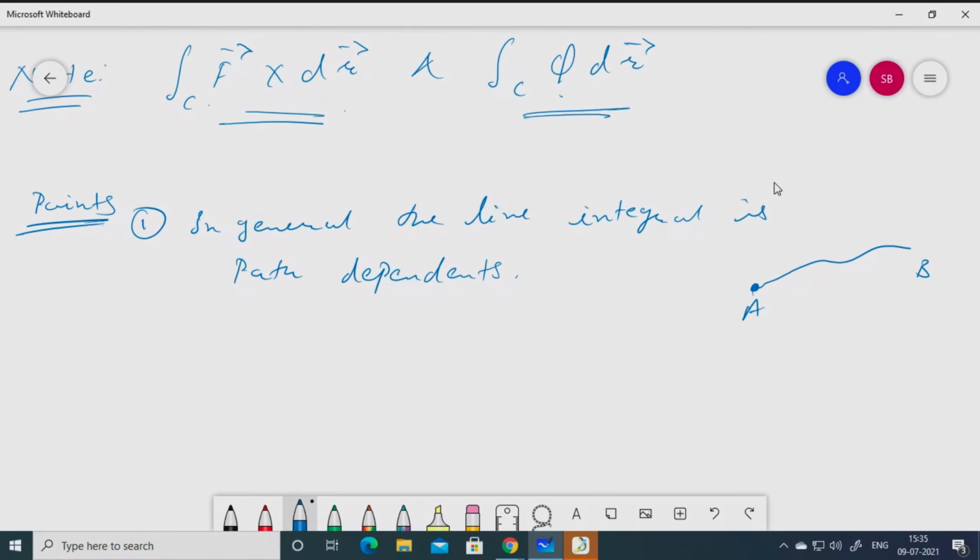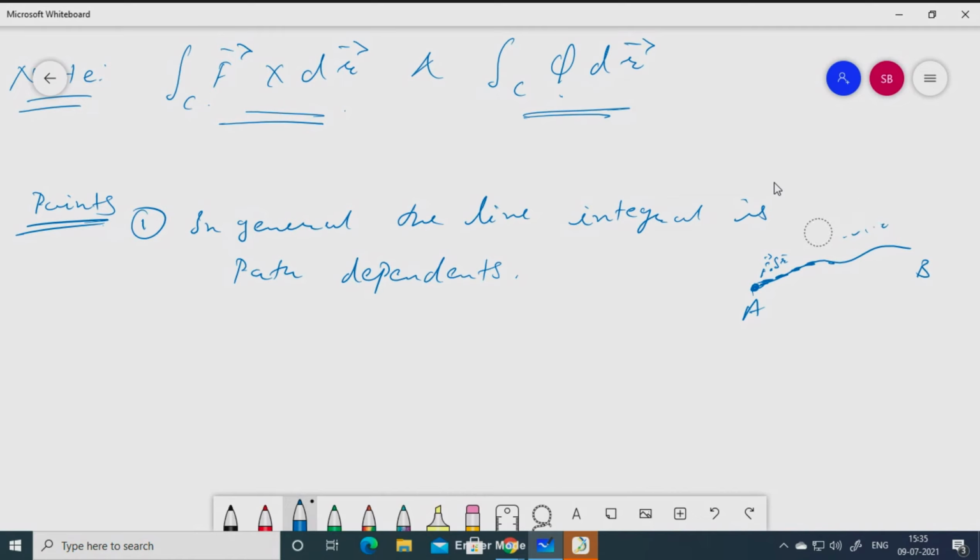So f bar is a vector along this curve, which is acting on this curve, and you take a small displacement dr bar, small displacement del r. This much part, small segments you are taking. So this small segment is f bar dot del r bar, and in total it will be f bar dot dr bar.